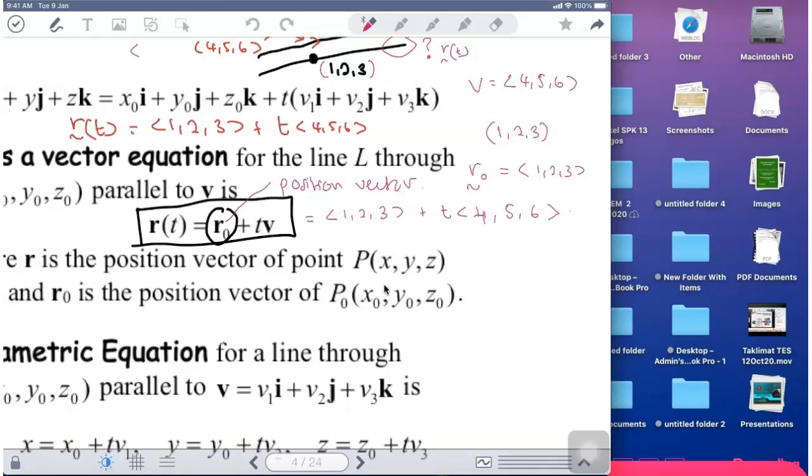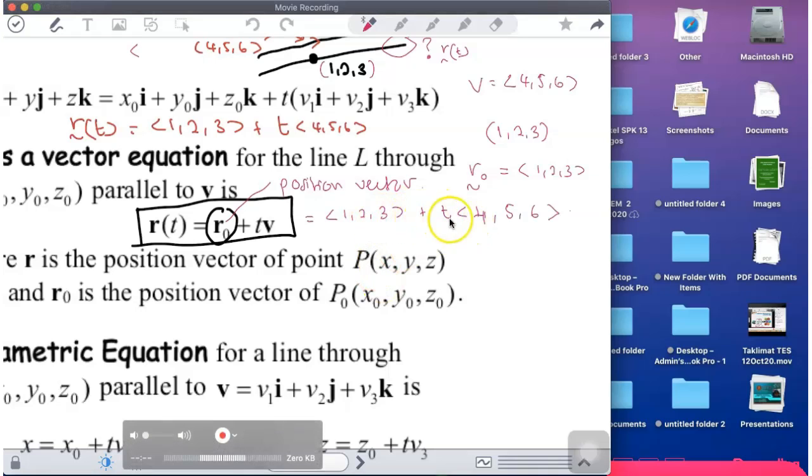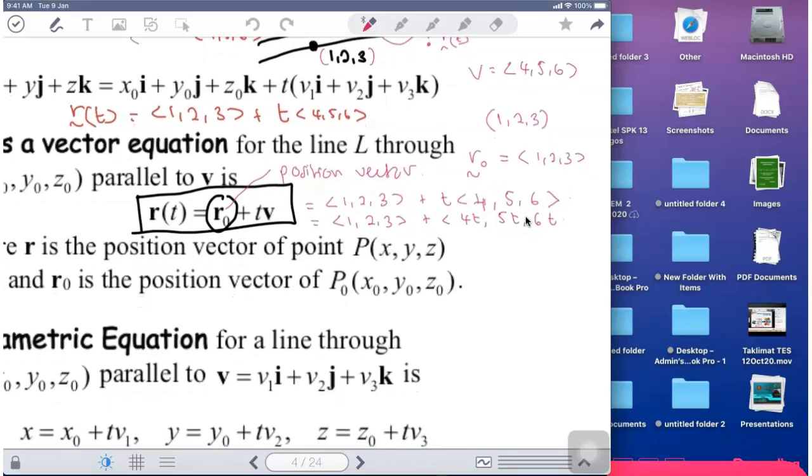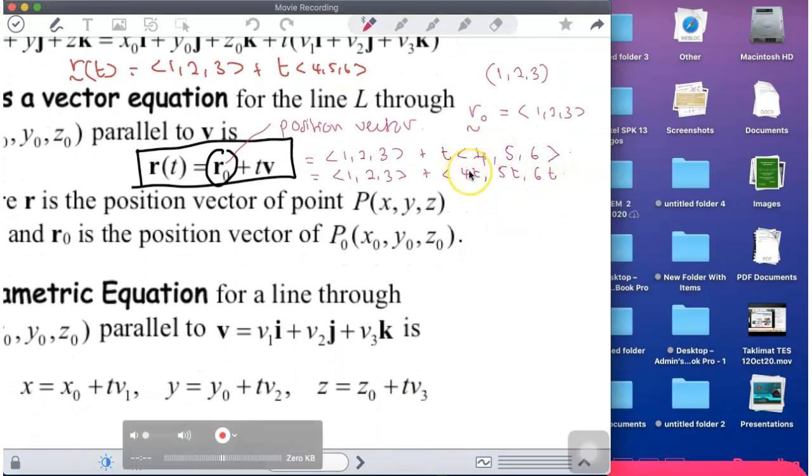Because we have a summation of two vectors and T is multiplied inside, we have 1, 2, 3 plus 4T, 5T, 6T. Because these are the summation of two vectors, you can write it down into components.